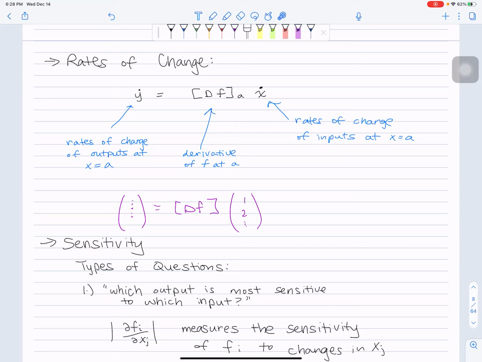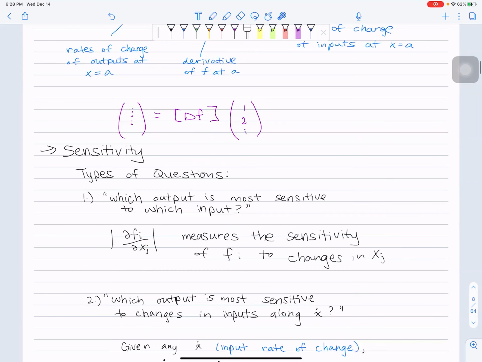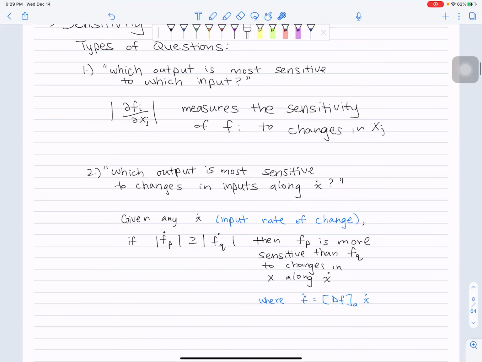Like, which output is most sensitive to which input? And they could say, which output is most sensitive to changes in inputs. So let's do an example to see how this works for sensitivities.